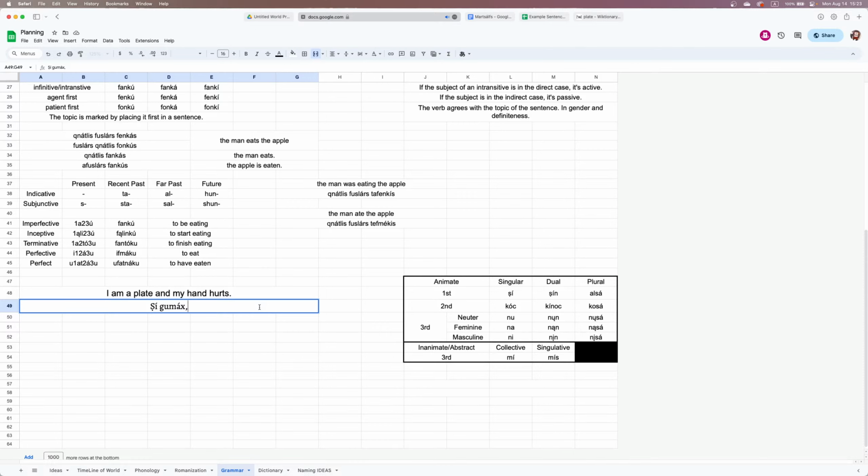Thank you. They were much less organized when I started doing my villager conlang. Shigumach.